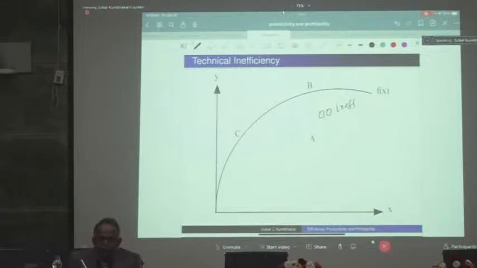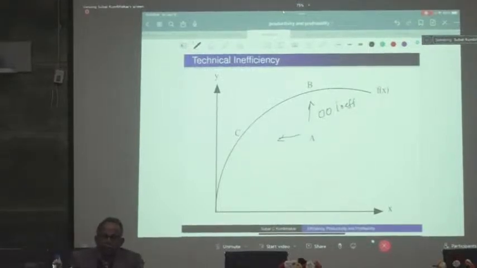Now, if you look at it this way, going up north, and if you go down this way, then again you will be hitting the frontier. That indicates overuse, depending on how you look at it.